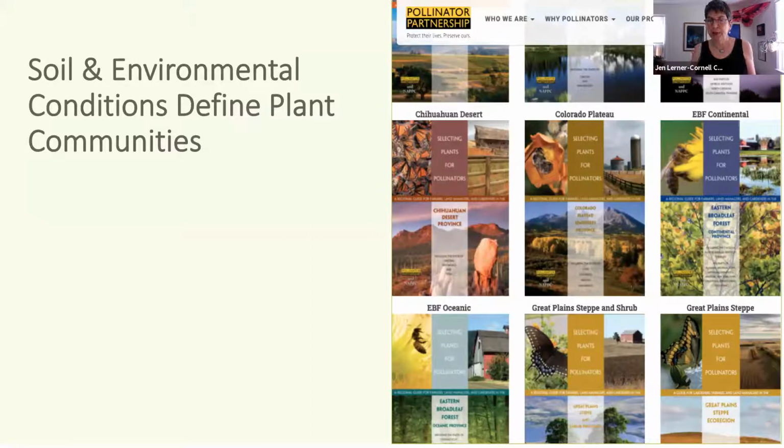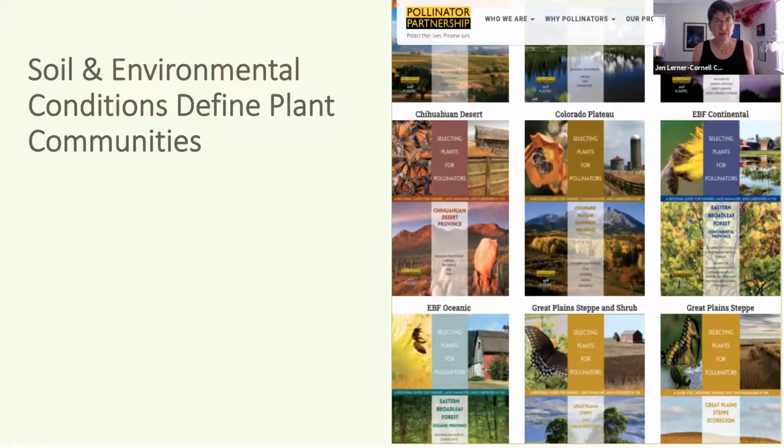The Pollinator Partnership is an organization that champions native plants as well, specifically to support pollinators. But you'll see they didn't just make one list. They made a different list for each area of the continental United States. And our area is served by two different lists here. One is the Eastern Broadleaf Forest, the oceanic region, versus the Eastern Broadleaf Forest, the continental version.